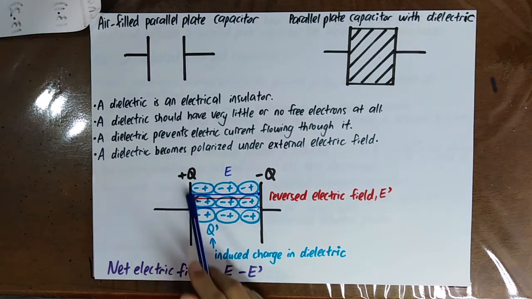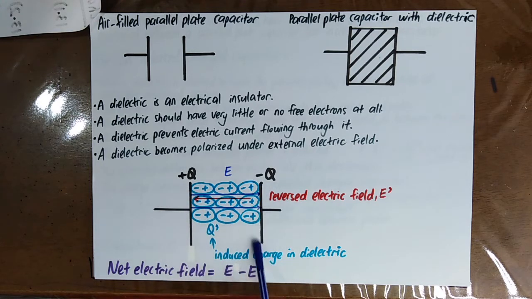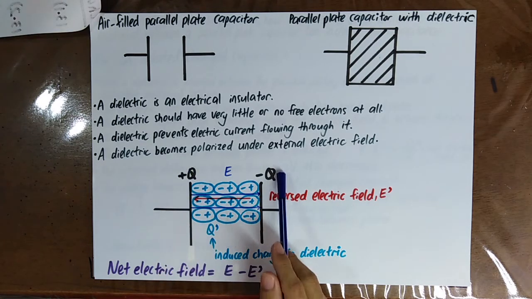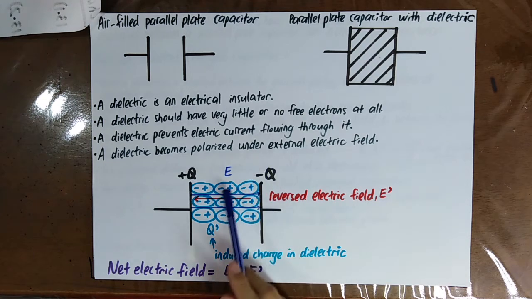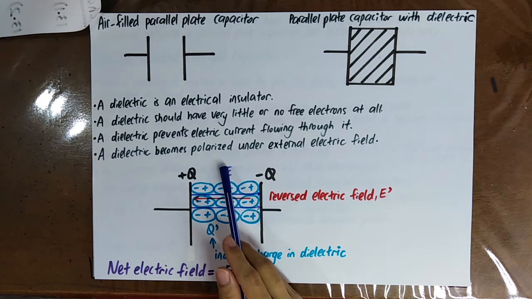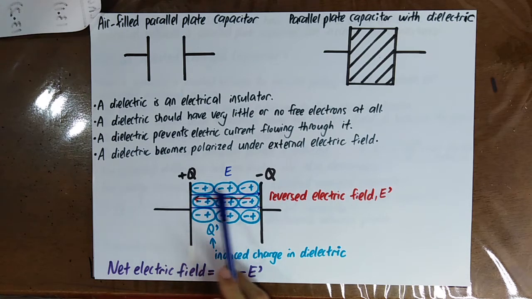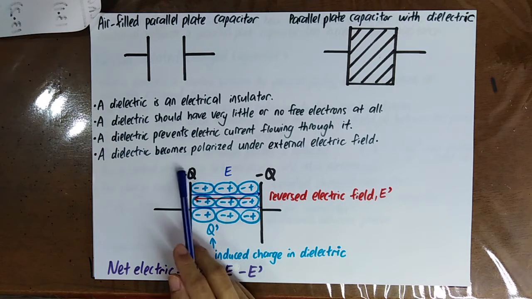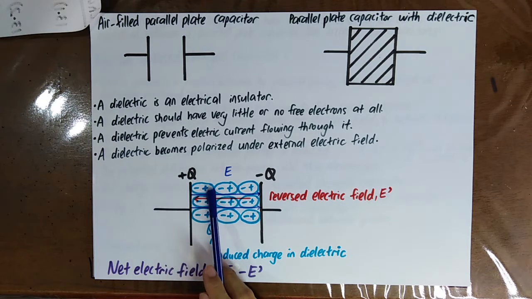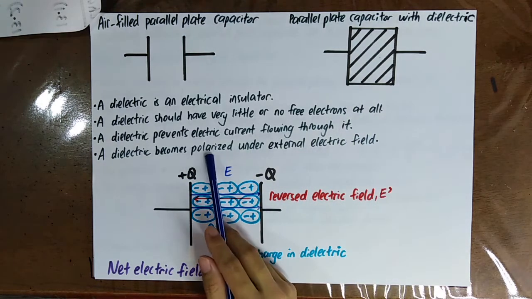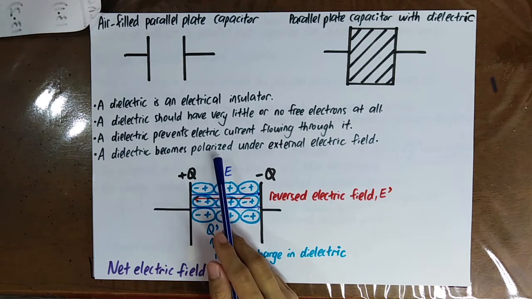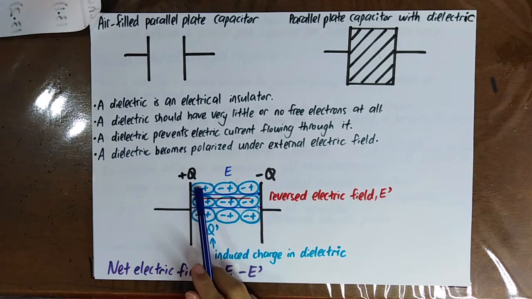So now let's say this parallel plate is positively charged and then this is negatively charged. There is an original electric field which is indicated by the blue color here. But then, this is positively charged. The molecules of the dielectric will be polarized. That means that this will have negative charge and then this will have positive charge.